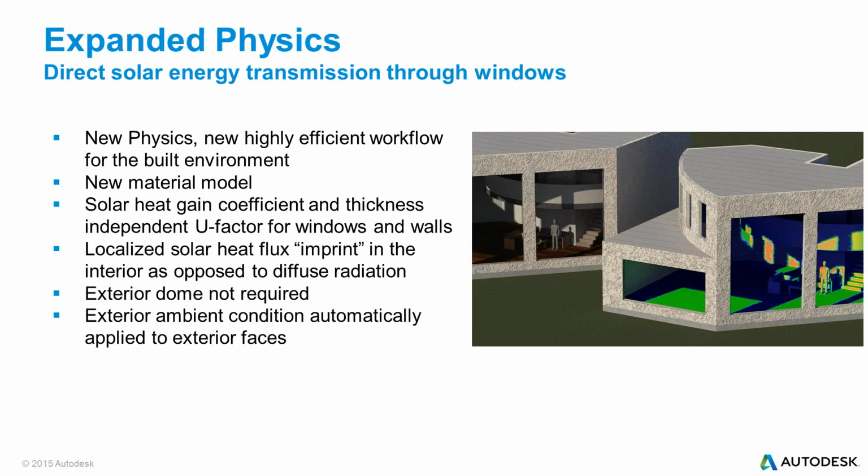Well, we decided to allow the software to automatically apply the exterior ambient with just a reference temperature. And then you can override it if you want, but automatically apply that exterior ambient. So saving you potentially hundreds of mouse clicks and a lot of setup time. So we're pretty happy about that.